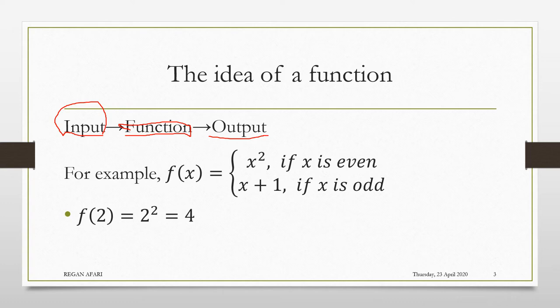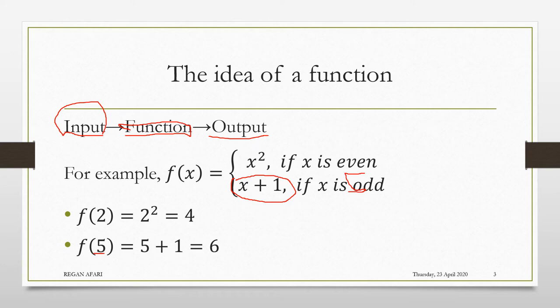Let's take another example. When x is 5, when your new input is 5, what happens? You consider, is 5 even or odd? 5 is odd. Since 5 is odd, we will use this part of the function, that is, add 1 to the input.